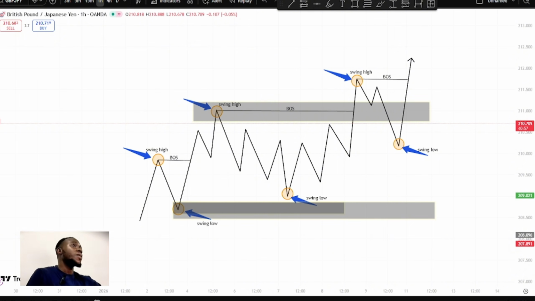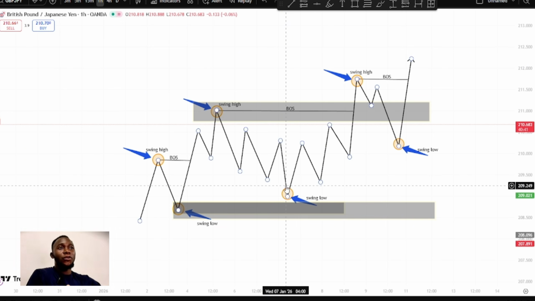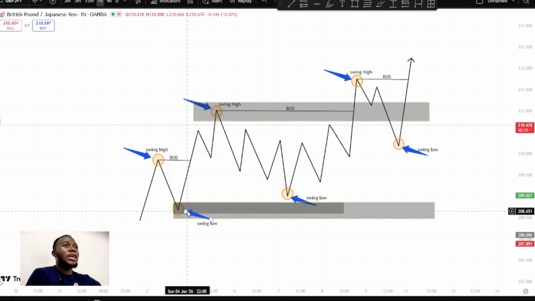Now, after you've understood this, let me show you how I use all of this to take my trades. I did a video explaining my secret entry model, how I take my trades using my SMC strategy paired with other confluences. Now, when I open a chart and I see that the market is like this, right?